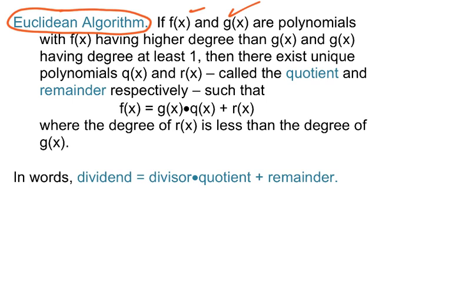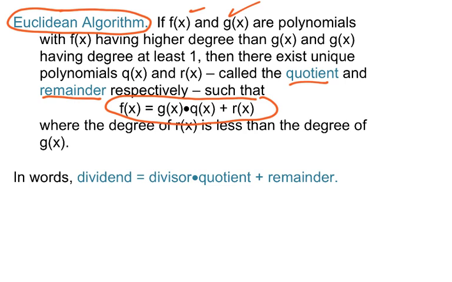Then there will always be unique polynomials called q of x and r of x, which are the quotient and the remainder, that will enable you to make this multiplication statement, where the degree of r of x is less than the degree of g of x.